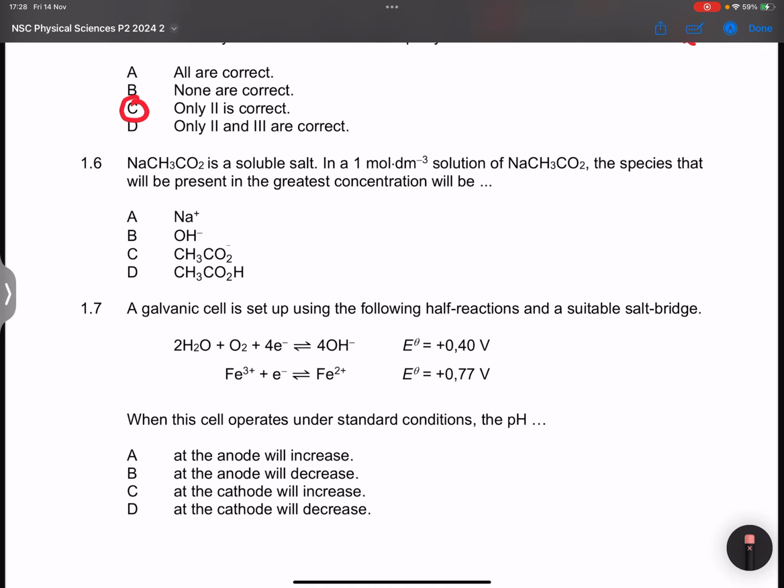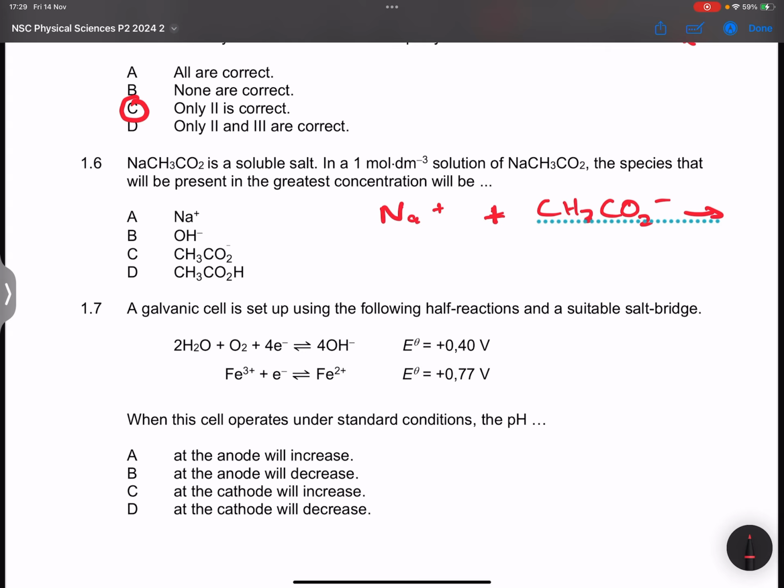Now remember, whenever a salt ionizes, it will break down into, in that case, CH3CO2 minus, right? Now, remember, when we talk about ionization of salts, what salts tend to do is they will undergo a reaction with water, but it's always the stronger conjugate that will react with water.